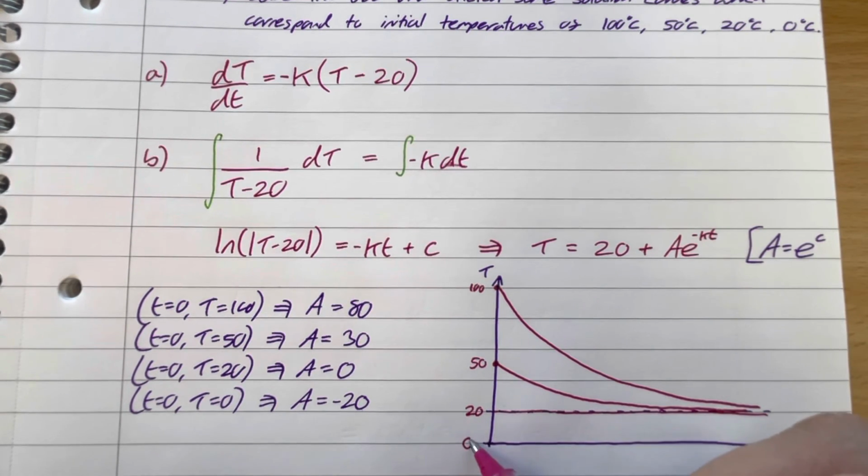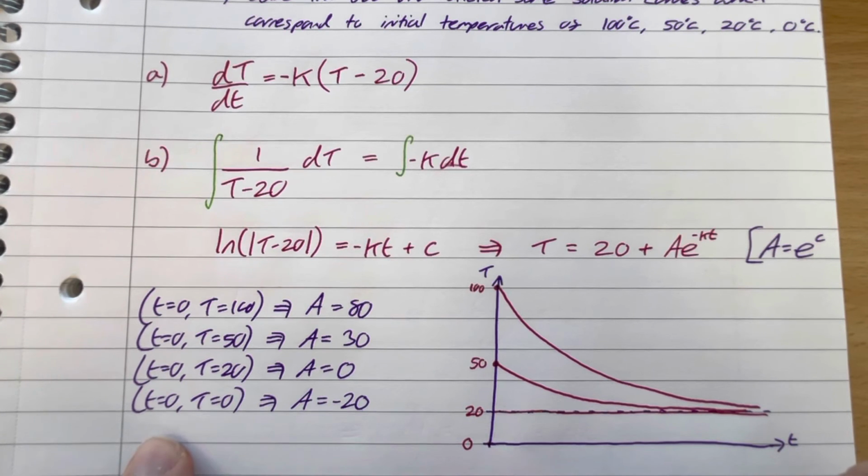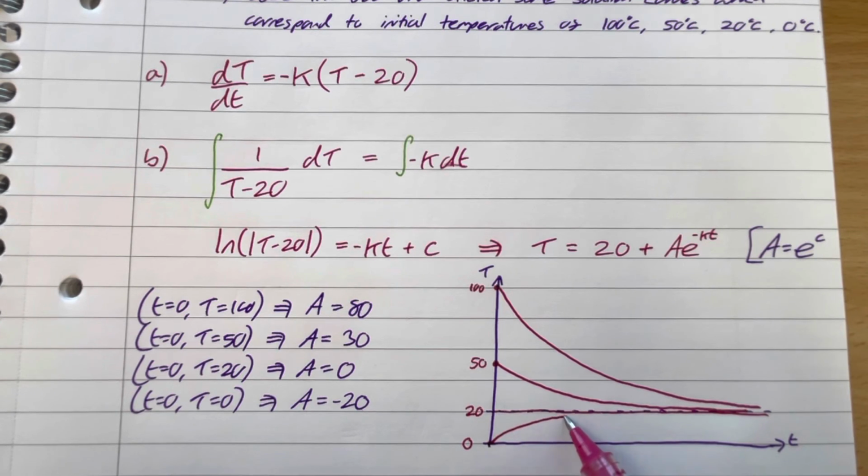Or if we're starting at 0, so it's not a cup of coffee anymore, maybe it's something you've just taken out of the freezer, then the temperature will increase. And again, it follows that exponential decay, but it's upside down as the temperature increases towards the ambient temperature of the room. Okay, so that's Newton's law of cooling.